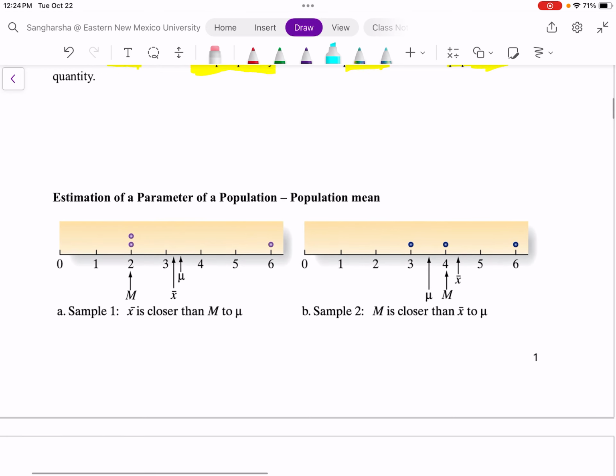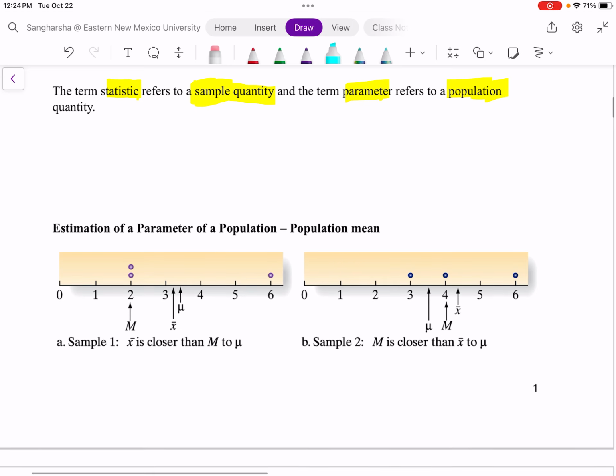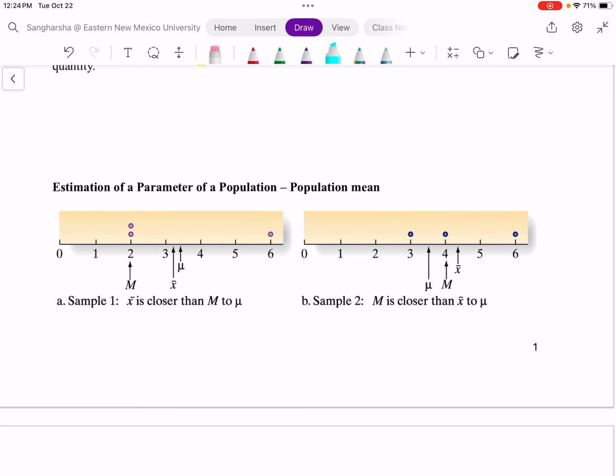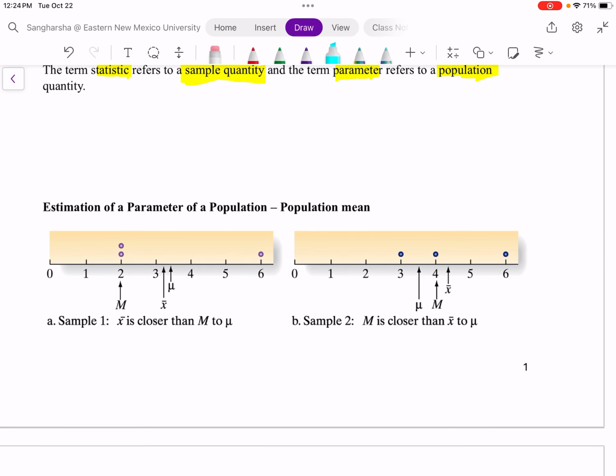Now here we have two different samples. The first sample is that we roll a dice and keep a record of the number of dots that we get. So from this picture, we throw a dice 3 times. First time you see 2 dots, second time you also have 2 dots, and for the third time you have 6 dots.